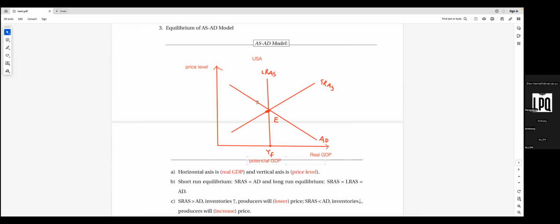We mentioned potential GDP in the classical theory: potential GDP is determined by resources and technology.